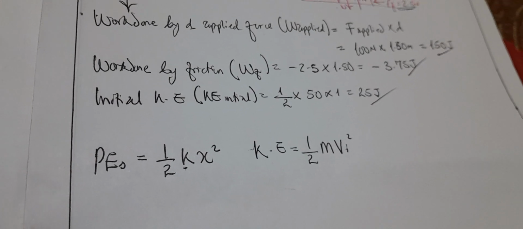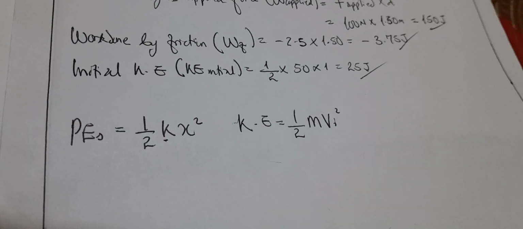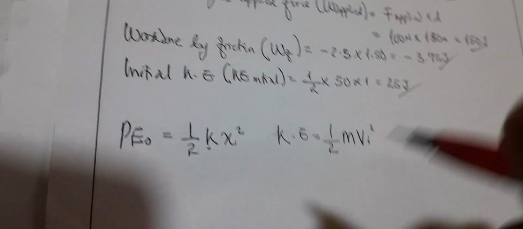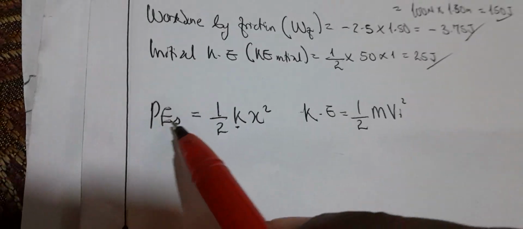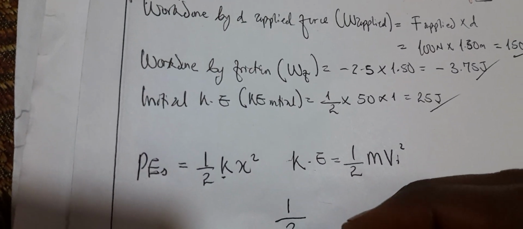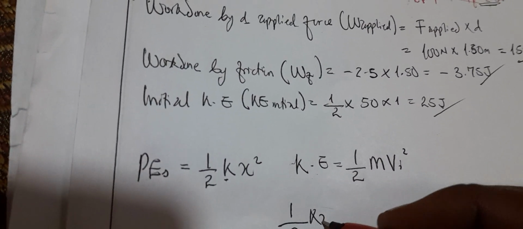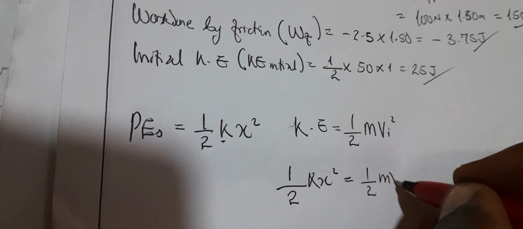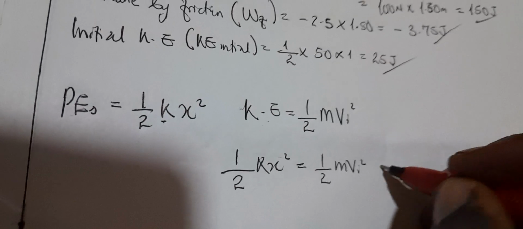The question asks us to find the maximum compression of the spring. For the maximum compression, the potential energy equals the kinetic energy. So our equation is 1 over 2 kx square equals 1 over 2 m vi square.